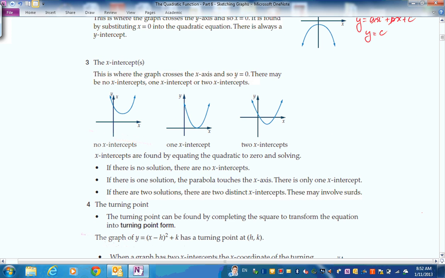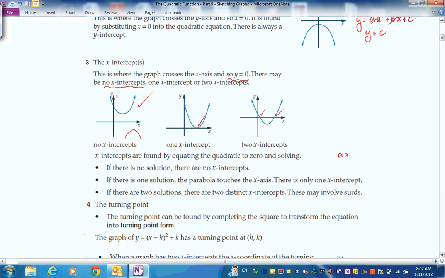So the x-intercepts, of course, is the axis. Y will be naught. We spent a lot of time on these. It could be no x-intercept like that one. Or what about one like this? One x-intercept where it actually touches, or two x-intercepts. Okay, so what do you do?